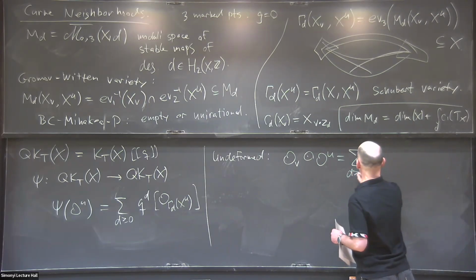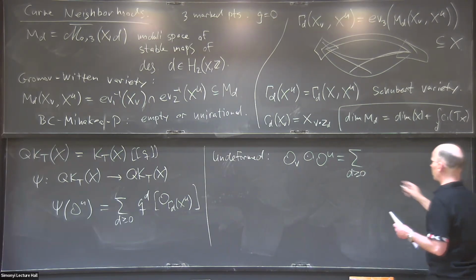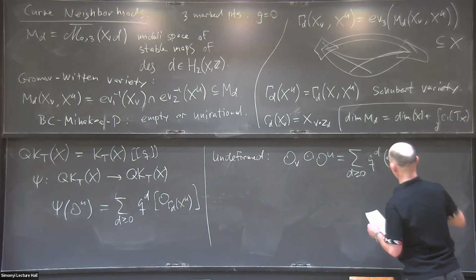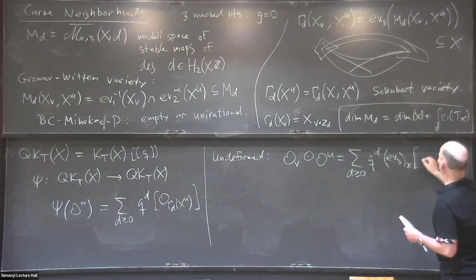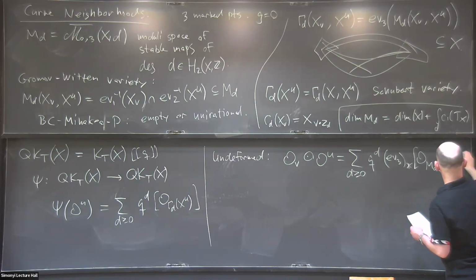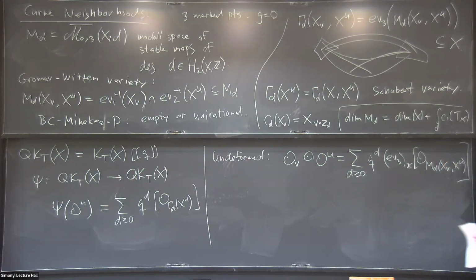Sum over all effective degrees d times q^d, and then I take EV3 pushforward in equivariant K theory of the structure sheaf of the Gromov-Witten variety. That's the undeformed product. In cohomology, this is associative. In K theory, this is not associative.